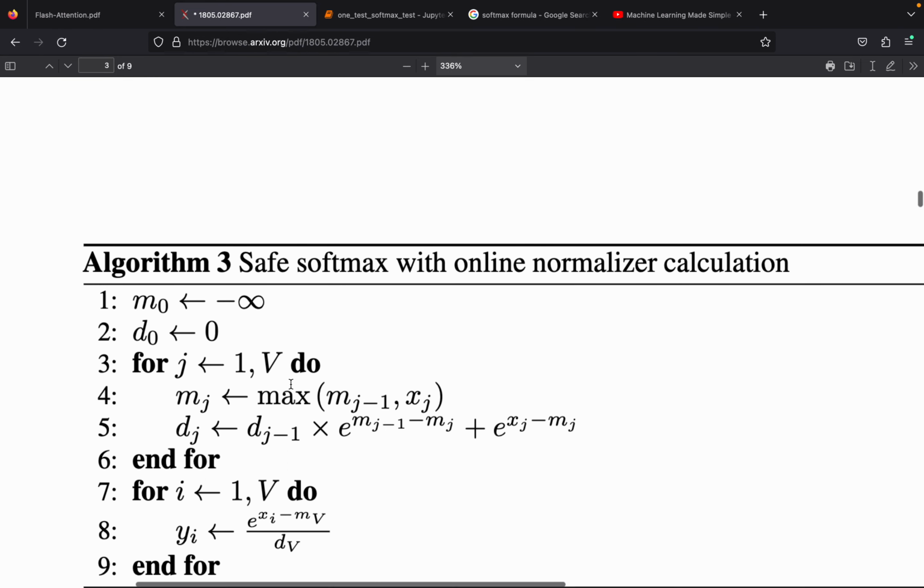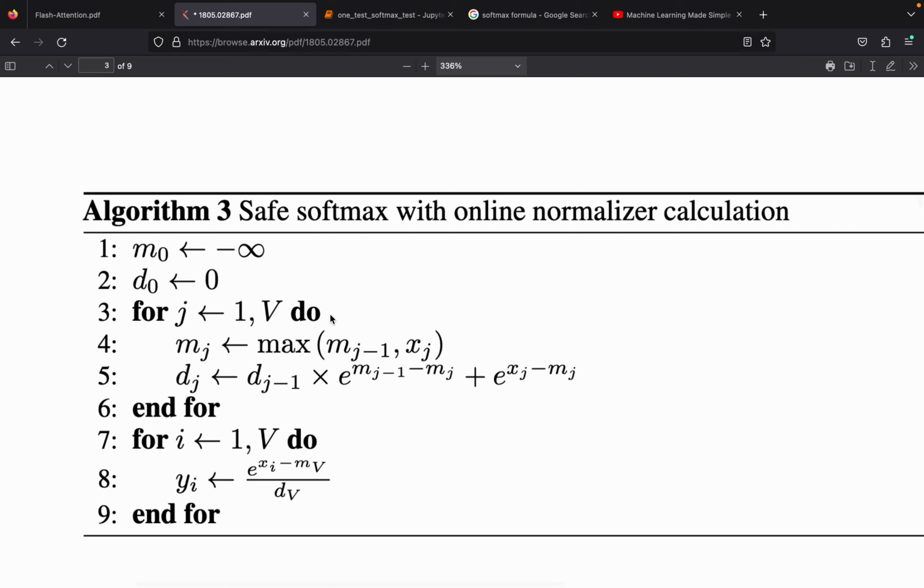Now if you look at this on a high level, we have 2 for loops. Earlier we had 3, now we have 2. The first for loop goes through each element and tries to find the maximum.